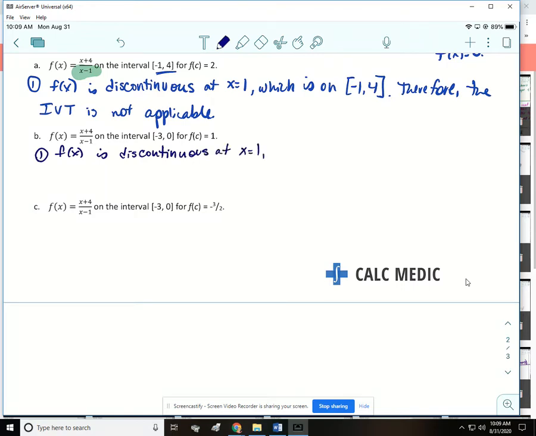However, this one has a different interval. We're looking at the interval from -3 to 0. So 1 is not on that interval. So f of x is continuous on that interval from -3 to 0.